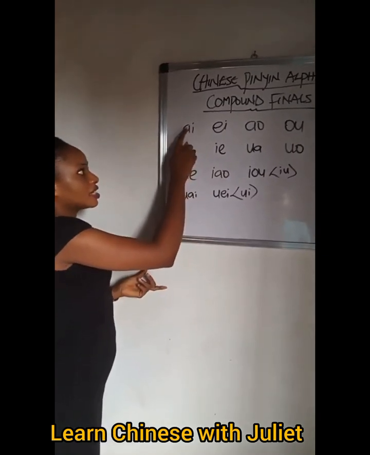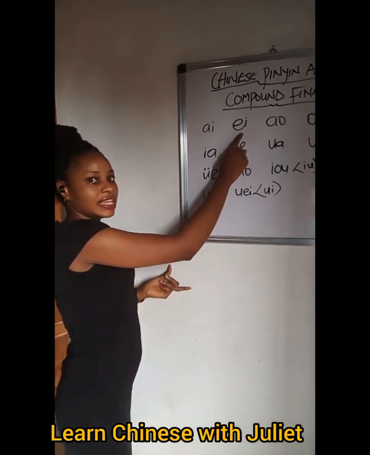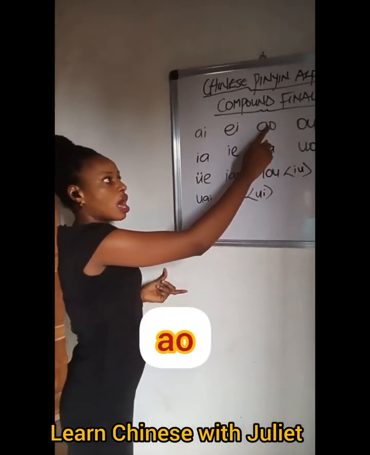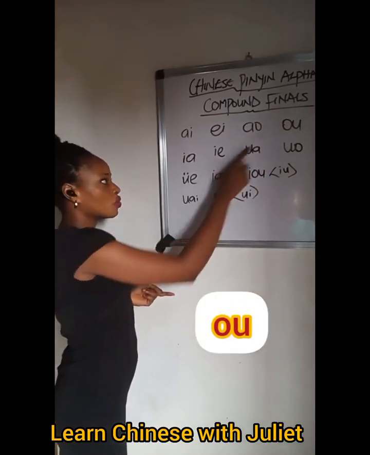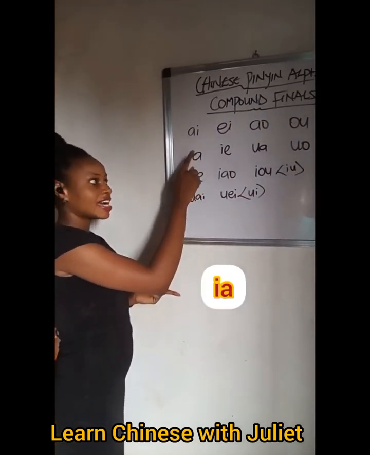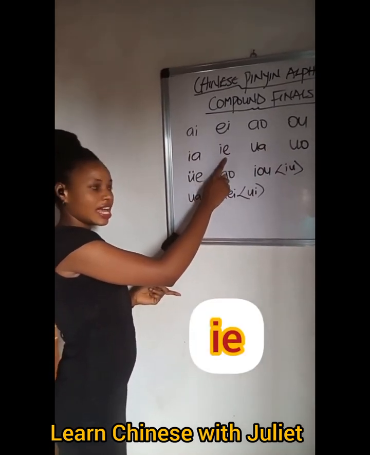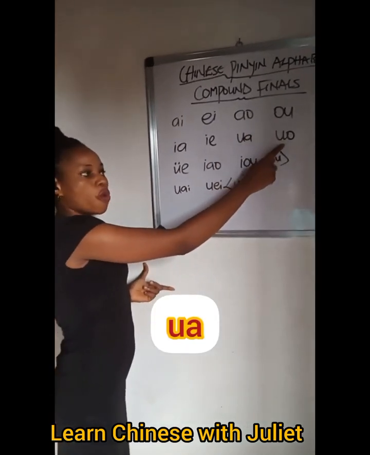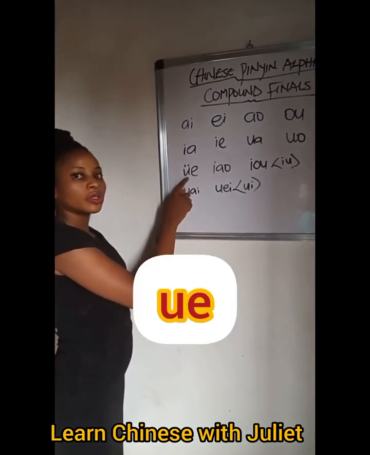Now we have this as ai, ei, ao, ou, ya, ye, wa, wo, yue, yu.